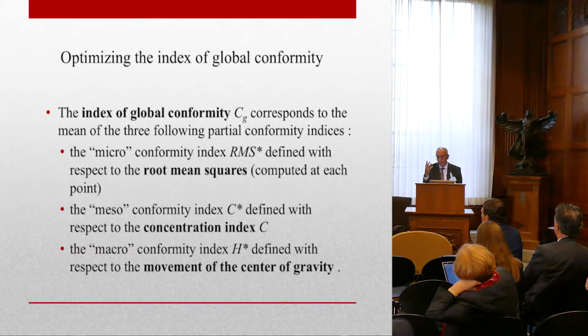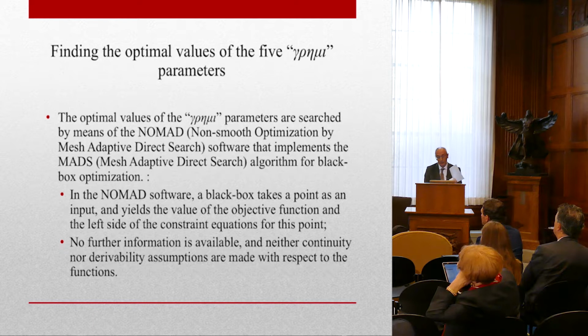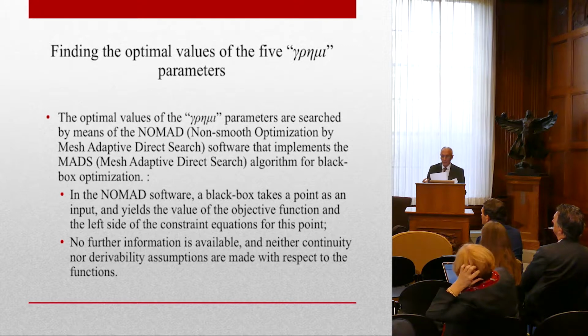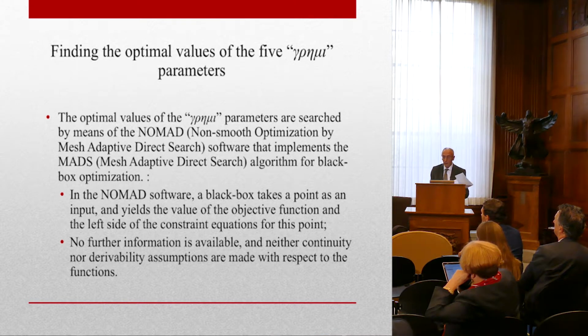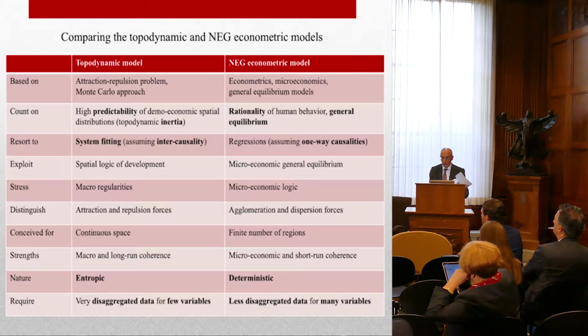And the main problem was to find an index of global conformity, and at last, after several attempts, we found a solution, and we have an index of global conformity, and we found a way to optimize the model with NOMAD, which is a non-smooth optimization by a mesh adaptive direct search. And now it is completely free of any analyst intervention.